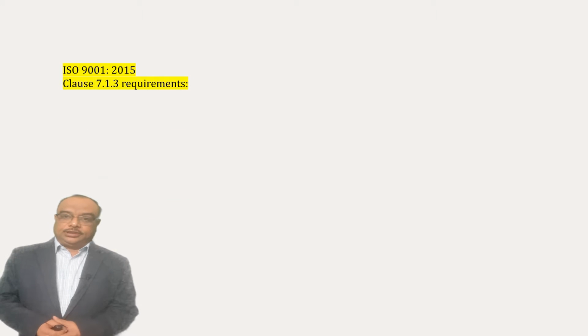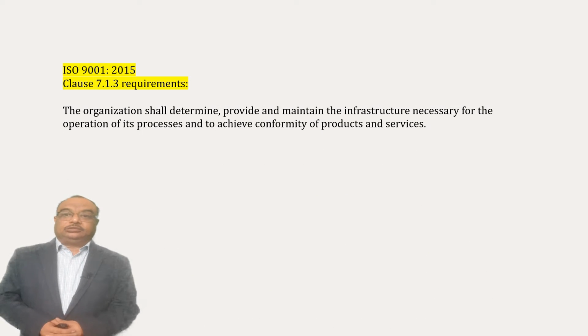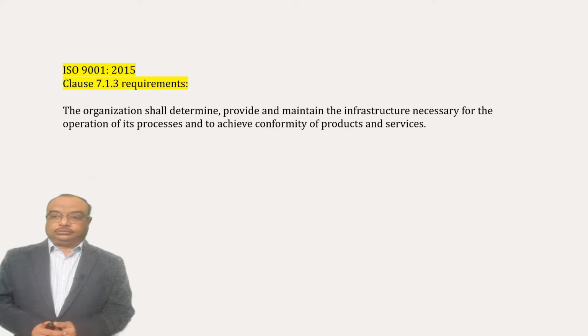There is one standard, the ISO 9001:2015 standard. According to clause number 7.1.3, the requirement is that the organization shall determine, provide and maintain the infrastructure necessary for the operation of its processes and to achieve the conformity of products and services.